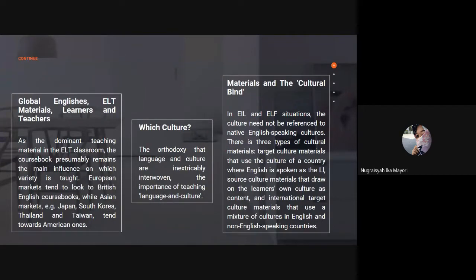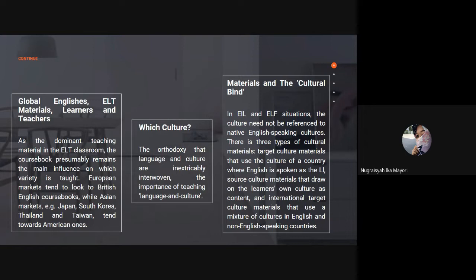European markets tend to look to the British English course book, while Asian markets, for example Japan, South Korea, Thailand, and Taiwan, tend towards American-owned, with culture and the orthodoxy that language and culture are interwoven, the importance of teaching language and culture.